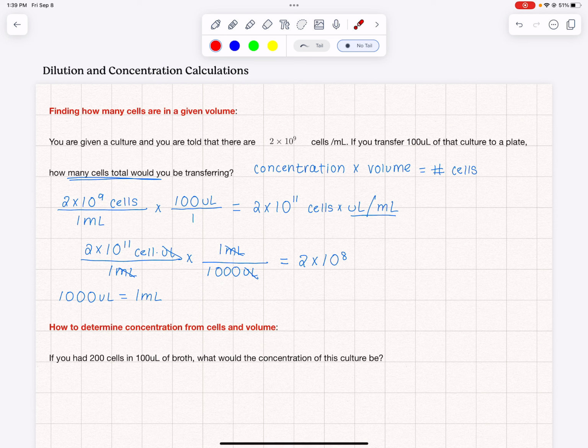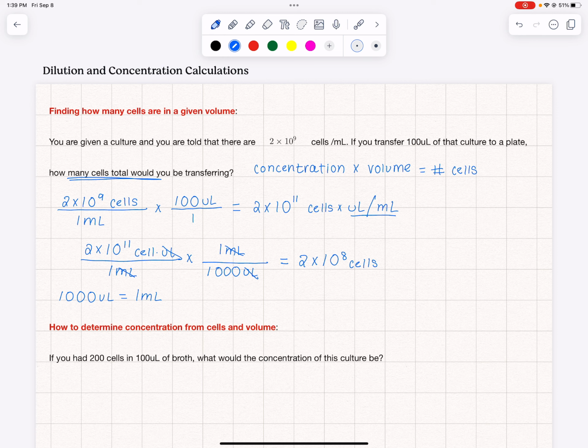So that would be 3 tens. We would subtract from our exponent by 3, which would give us 8. So our answer for this question would be 2 times 10 to the 8th cells.